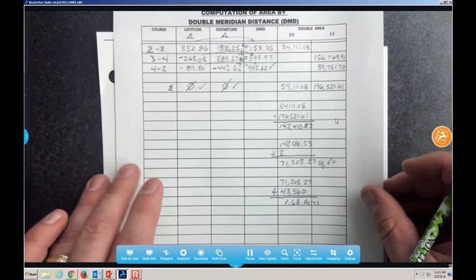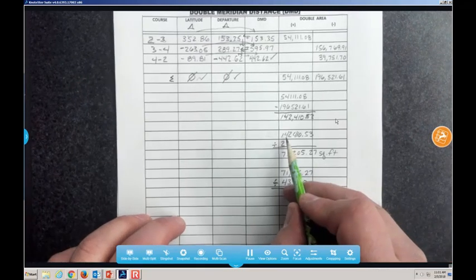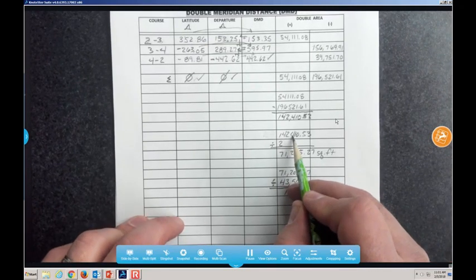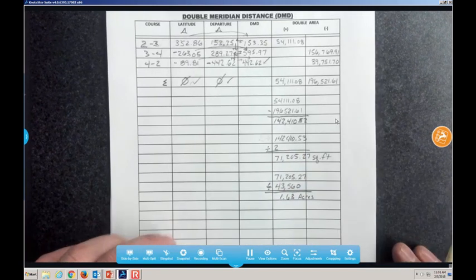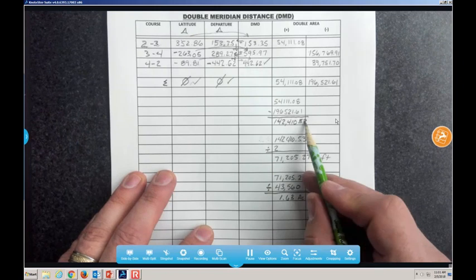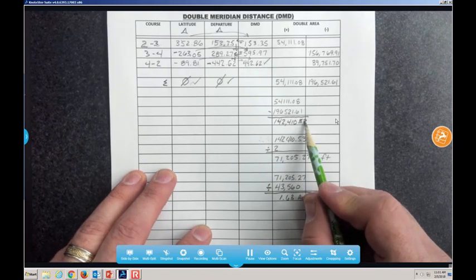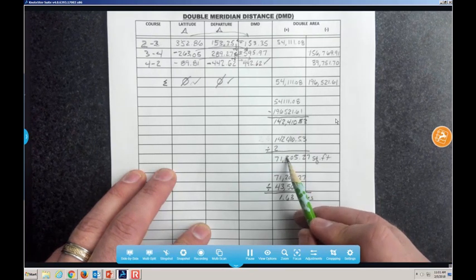What was the one right above square feet? 142,410.53. Okay, I rephrase. What's it labeled? This is the double area. So then we take and divide it by 2 to make it the actual area.